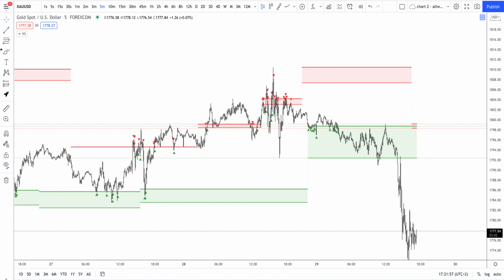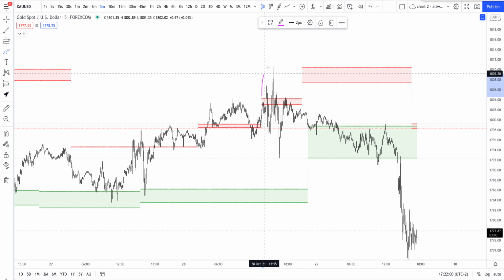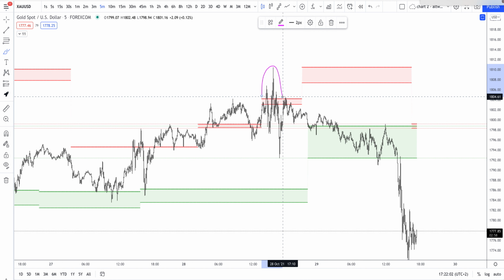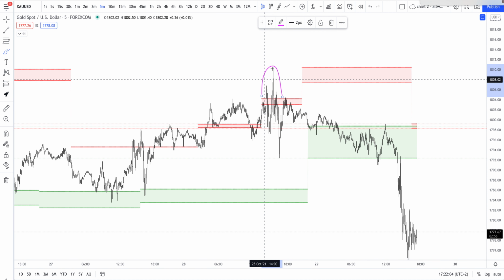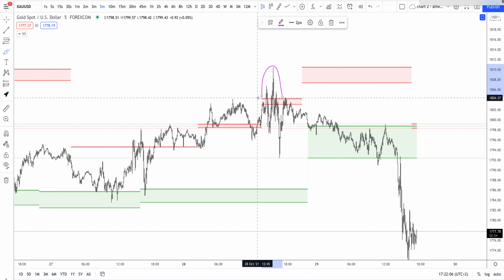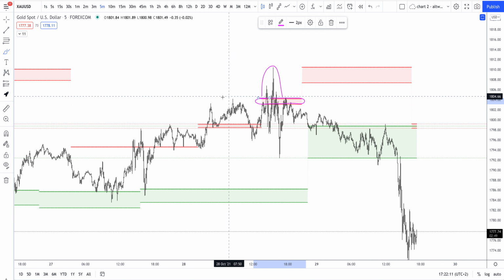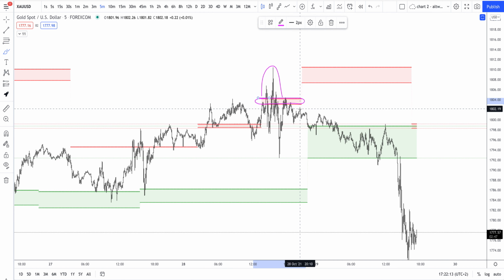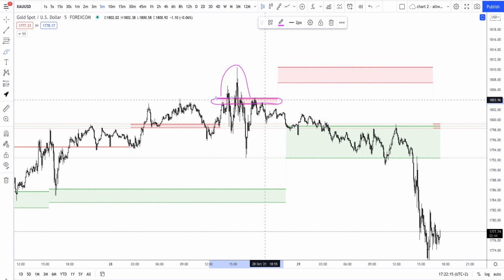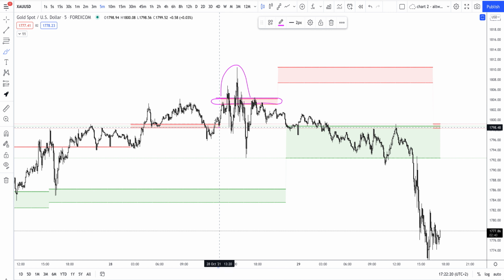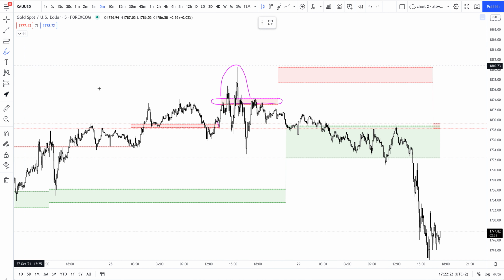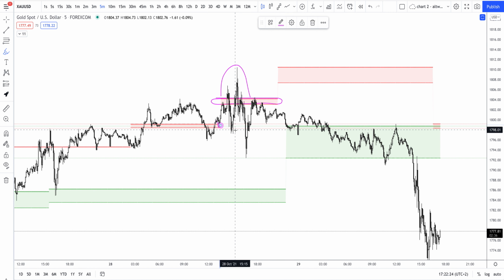When the price made this kind of deviation above this supply zone, you had all these bearish retests. You see, you have lower lows, and you also have lower highs.